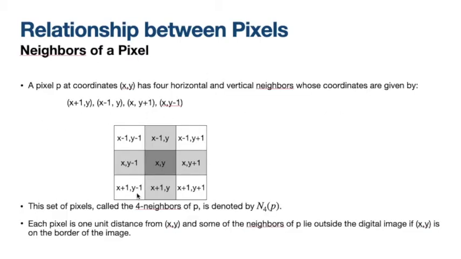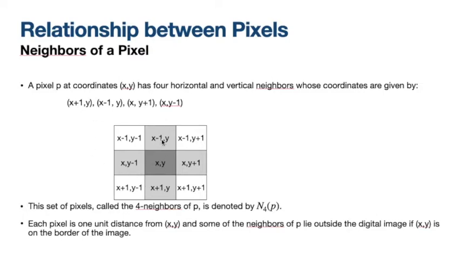if you take this image again, if this is p, then either this n4 of p can be taken for adjacency or nd of p can be taken for adjacency. Nd means these diagonal neighbors can be taken for adjacency. Any of these will be taken for adjacency, and also you have to check the 4 neighbors of p and 4 neighbors of q.